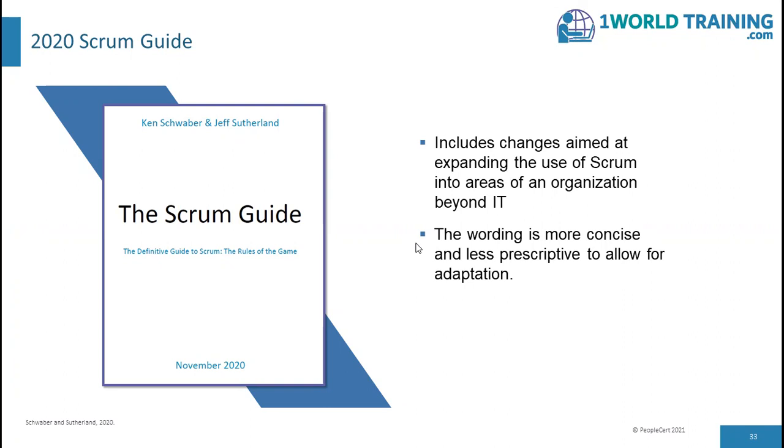The guide has since gone through multiple revisions, with the latest being released in November 2020. The very first version of the guide was over 100 pages long. This one is just 13 pages. Streamlining was the goal so that the guidance would be very straightforward and would help to demonstrate Scrum's applicability outside of IT. Terminology specific to IT was changed.